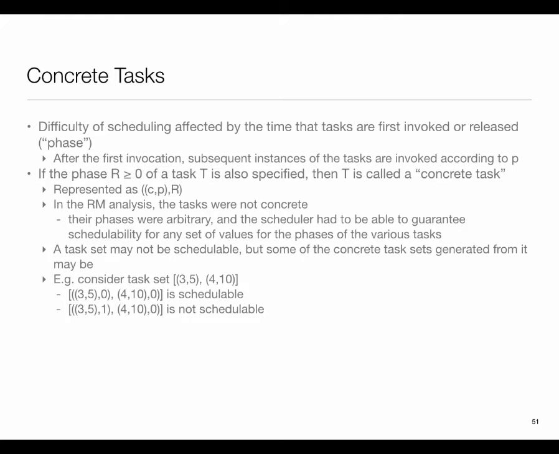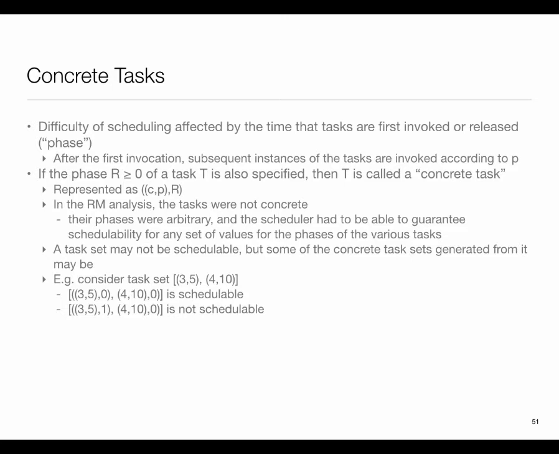Alternatively, I can give you when the first copy came. Imagine a system where the first copy of task 1 came at time 0 and the first copy of task 2 also came at time 0. It turns out that this is non-preemptively schedulable. But if I gave you the task (3, 5) coming at time 1 and (4, 10) coming at time 0, then it is not schedulable, it turns out.